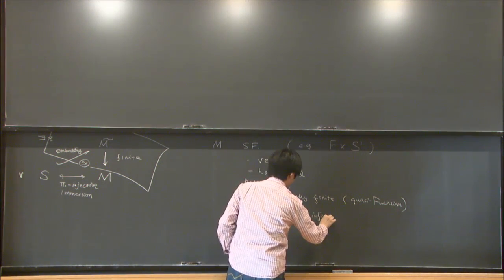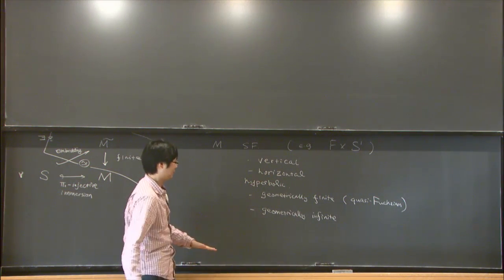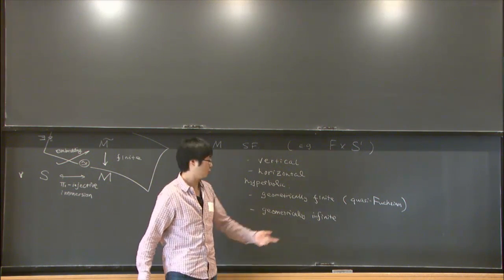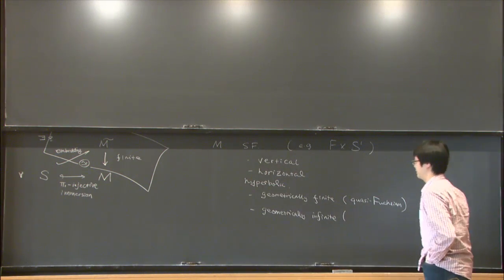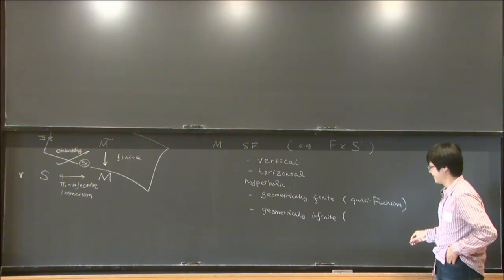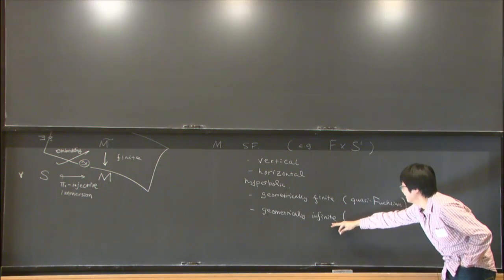Or it is geometrically infinite. The word geometrically infinite sort of suggests that, okay, this is the really complicated one that is hard to understand. But fortunately, for 3 manifolds, this has a very nice characterization. I think there are many people who contributed this theorem, so let me not specify who was the main contributor.